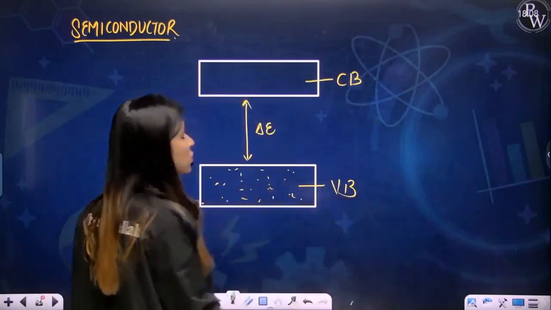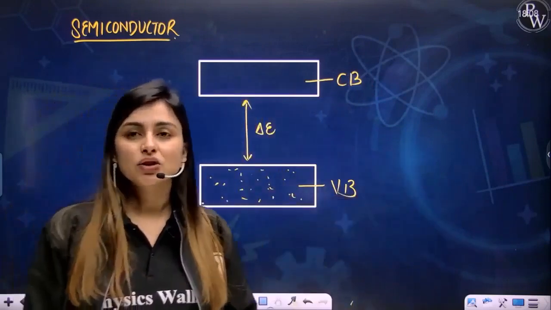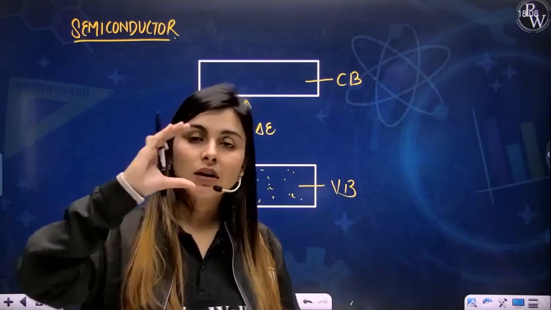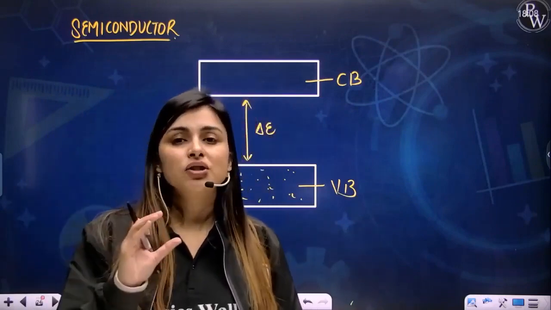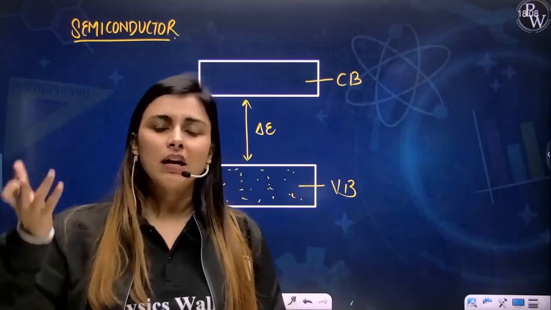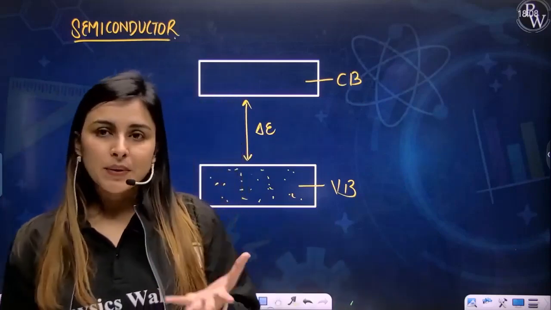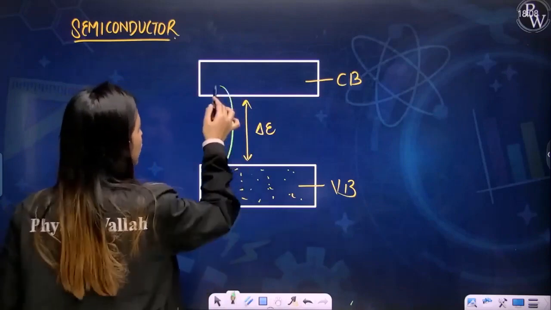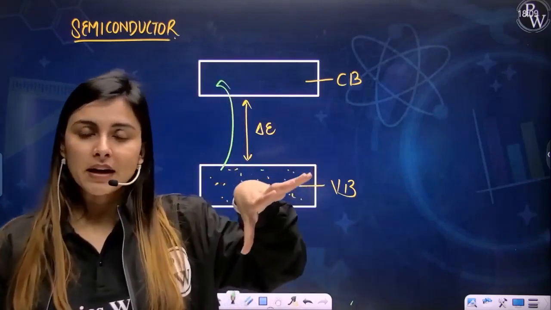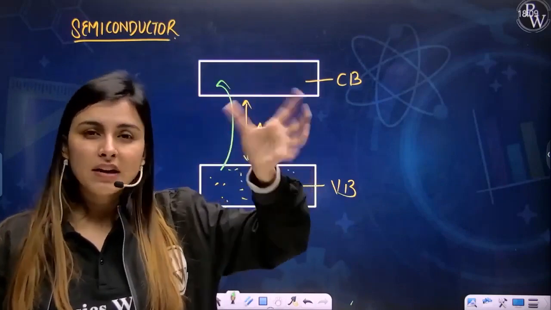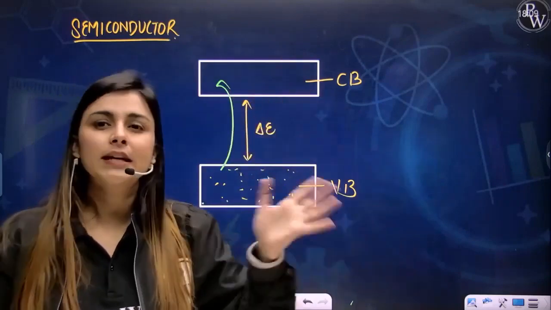So in case of semiconductors, yes, there is an energy gap between the valence band and conduction band, but the energy gap is not very large. If you increase the temperature, a few of the electrons can go to the conduction band. If a few of the electrons can go to the conduction band, obviously the band is empty and there are free electrons which can move around, so they can conduct electricity.